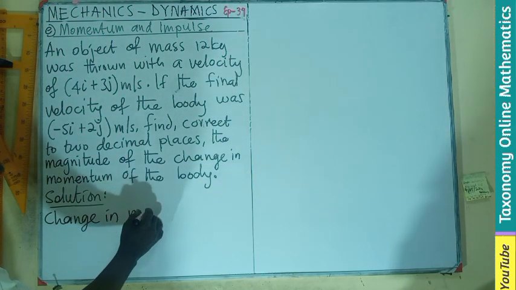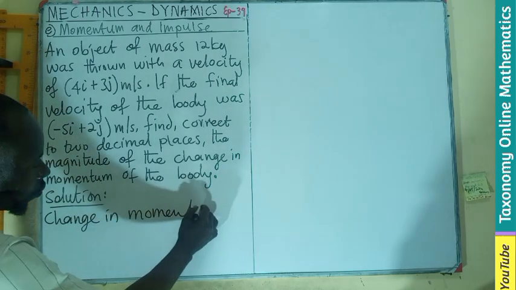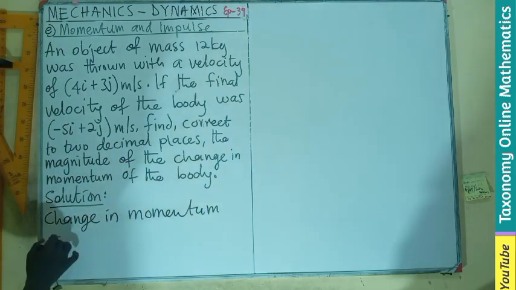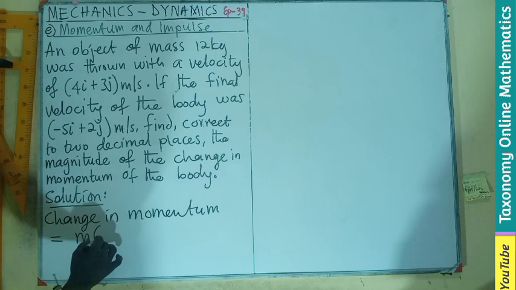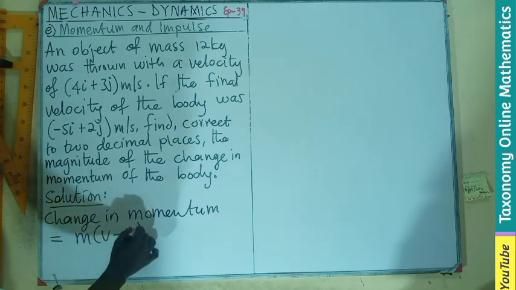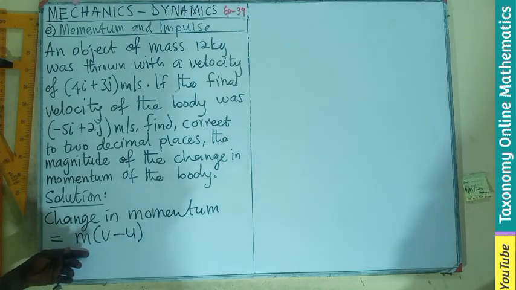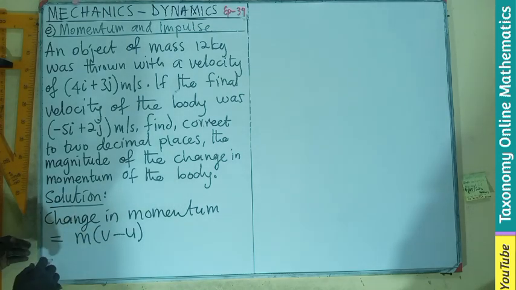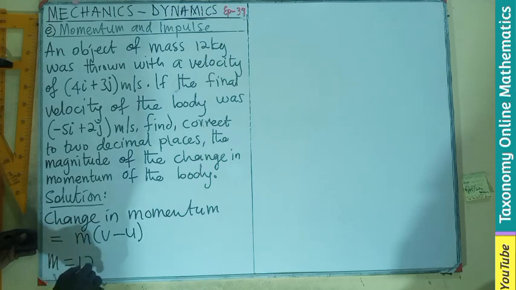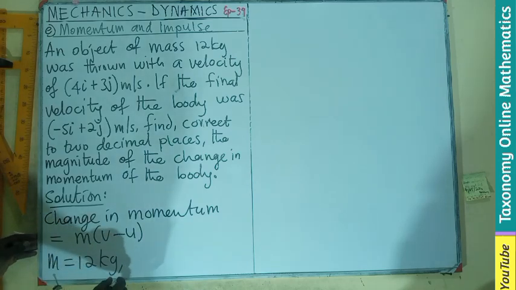So we have change in momentum. This is going to be equal to m times (v minus u). From the question we know the mass of the body is 12 kg.